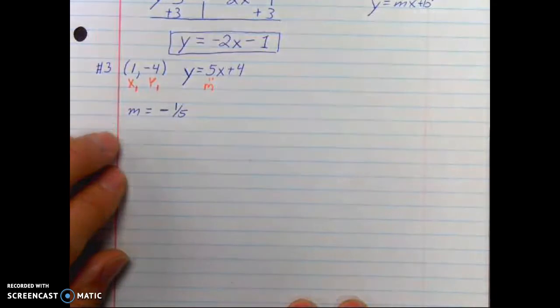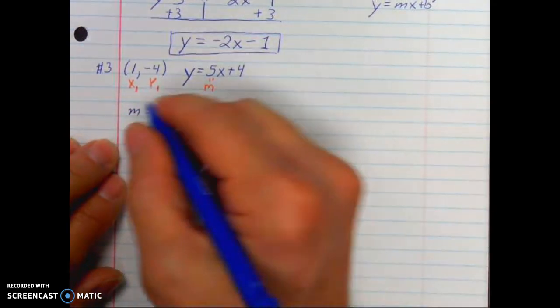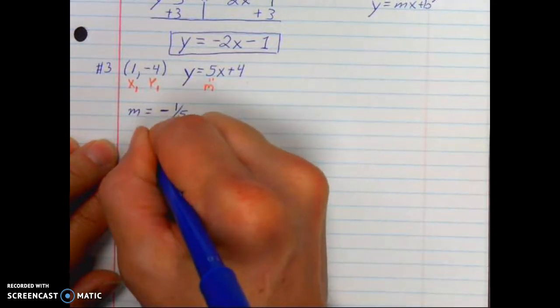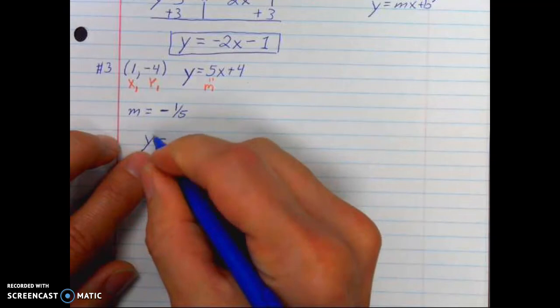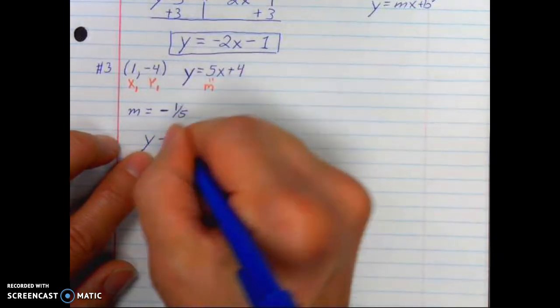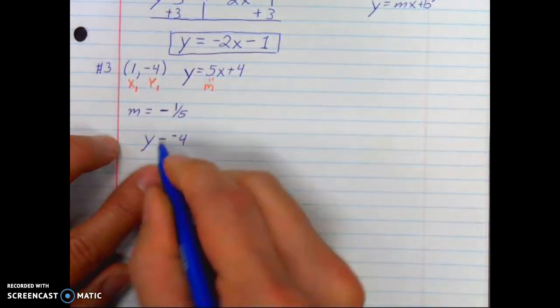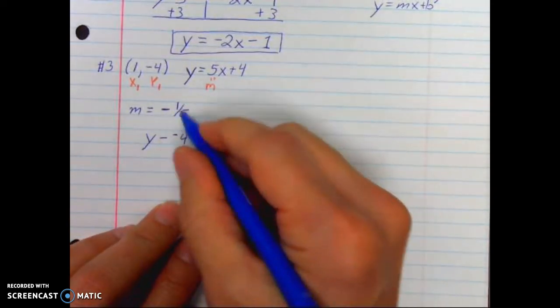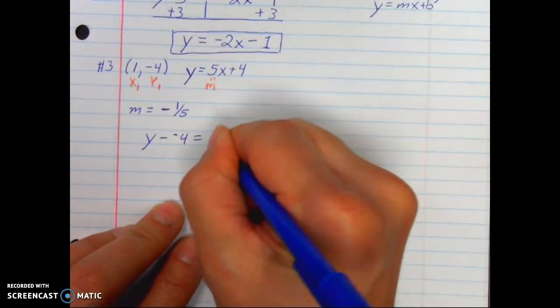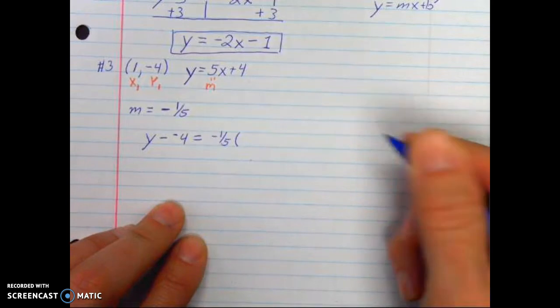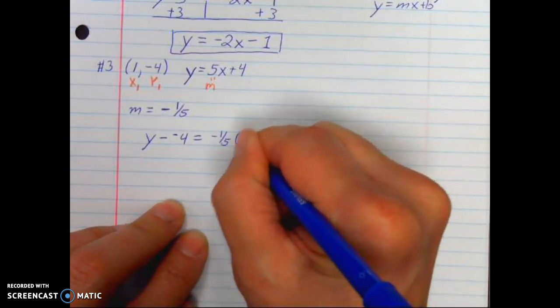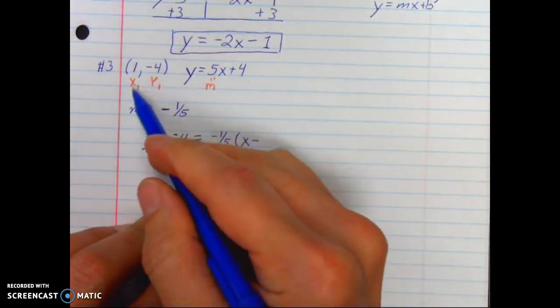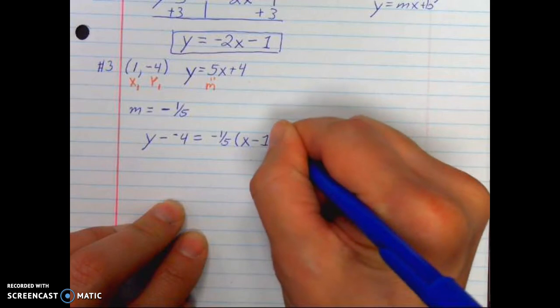All right, so step 2, plug it into my equation, right? So I go y minus y1 is negative 4. Oh, I got those double negatives going on. My new slope is negative 1/5. Close parentheses. X minus my x1 is 1, right?